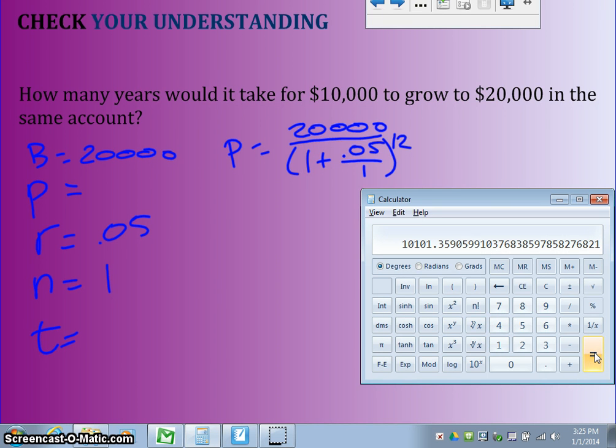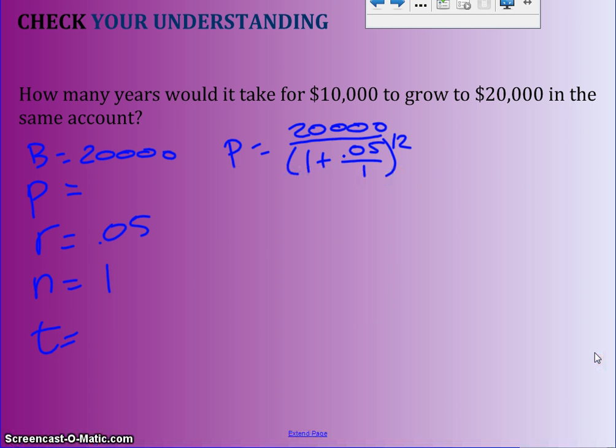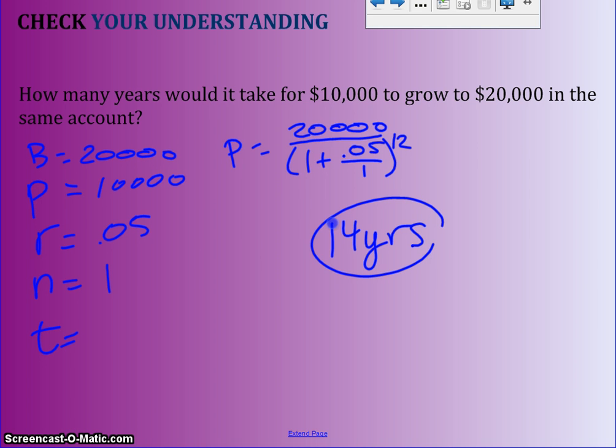And if you look at that, we're about as close to 10,000 as we're going to get. And so the answer here ends up being about 14 years for 10,000 to double to 20,000.